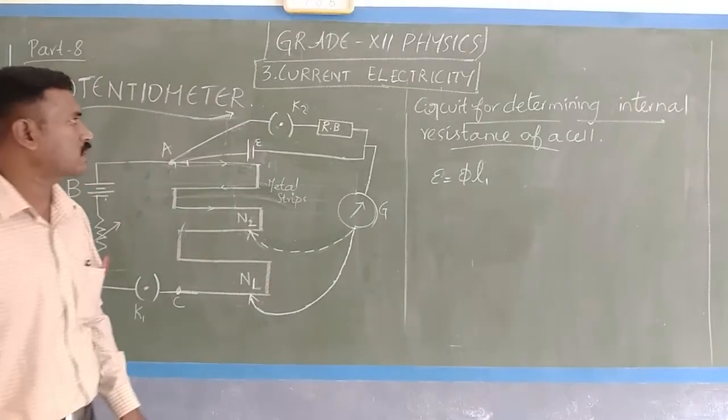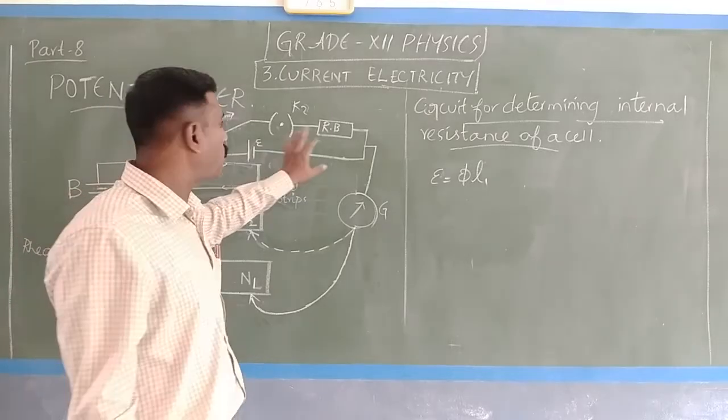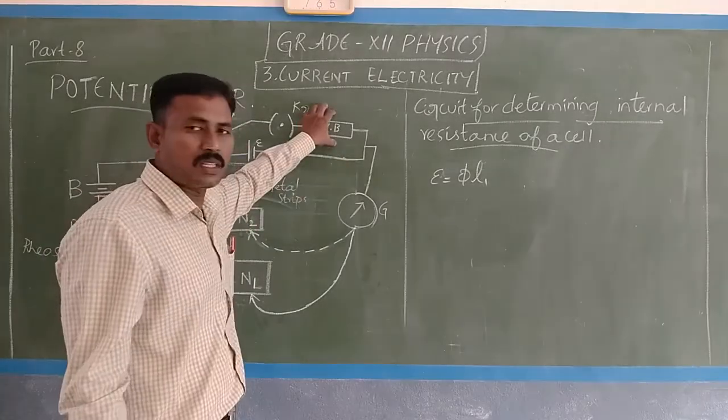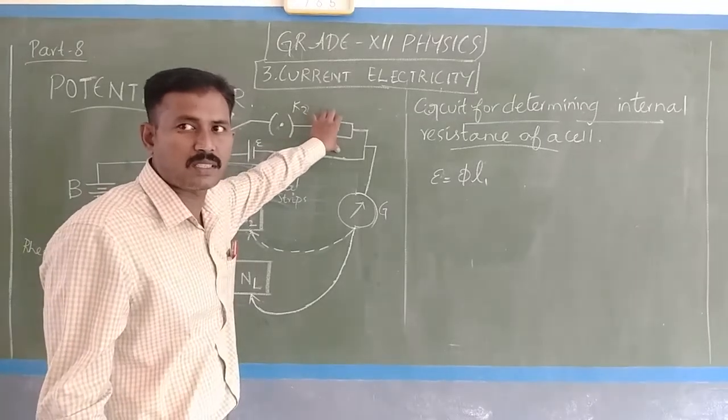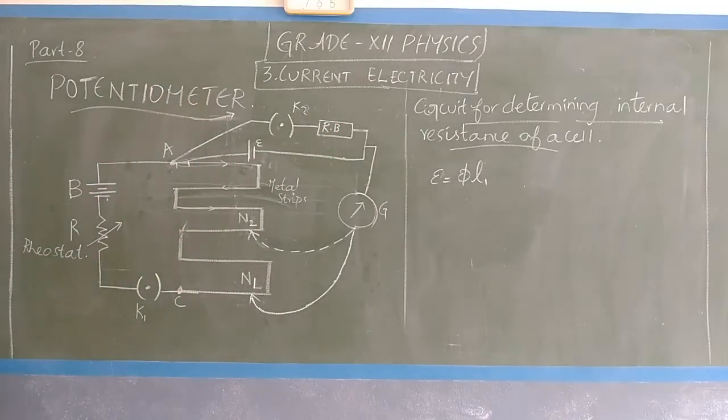When the current flows, there will be a drop in this resistance box, because this resistance has a value. Please look at the circuit.